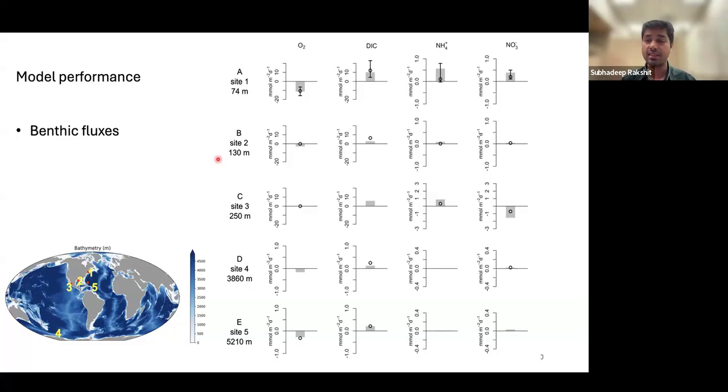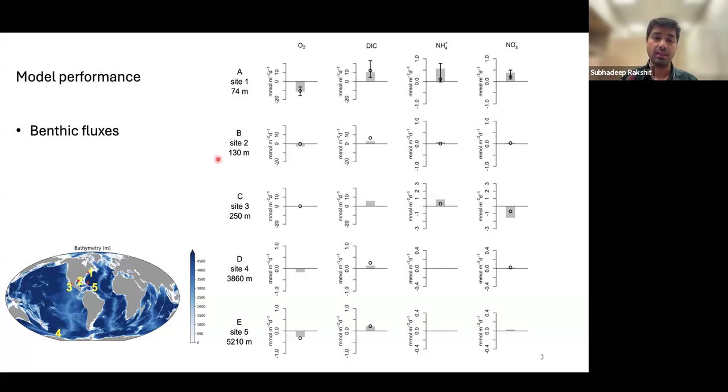The denitrification is basically organic matter decay, so that is determined by the decay rate of the organic carbon, and the half saturation constants, like the oxygen half saturation or the nitrate half saturation in the sediment, are also pretty much constant throughout the seafloor.